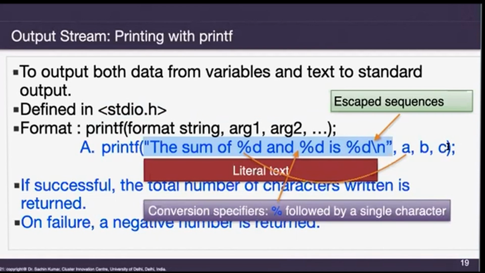So you have to understand in which sequence you are giving these values, and in which sequence they will be printed. If successful, it returns the total number of characters written, which is the number of characters it has printed. And %c is called a conversion specifier, for a single character, which we also call an access specifier.